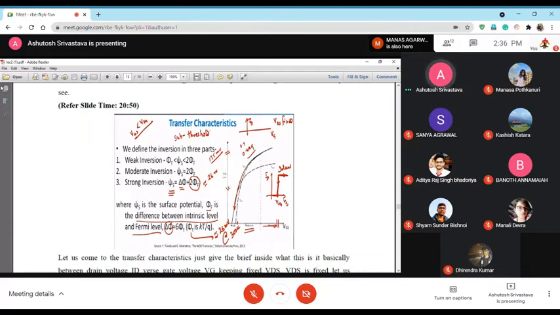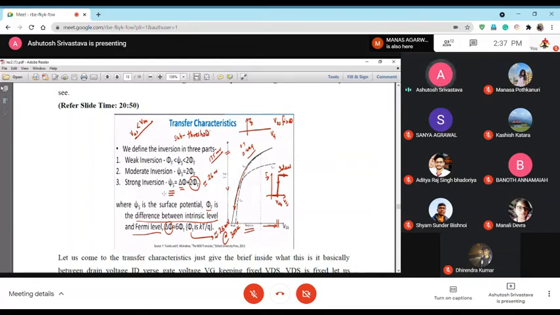So basically it is having the current on the log scale on the y-axis and gate source voltage on the x-axis. In the ideal condition, it should be somewhat like this, but in reality, because of these three conditions, which is the weak inversion, the moderate inversion, and the strong inversion.